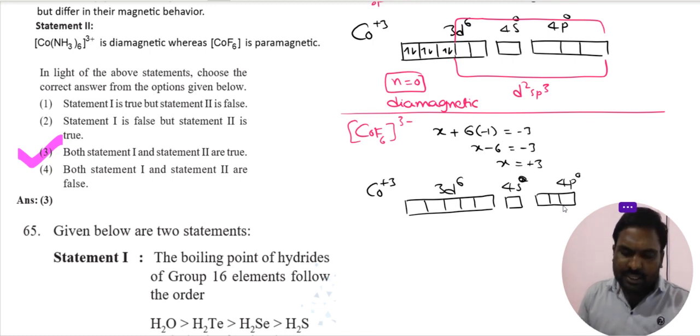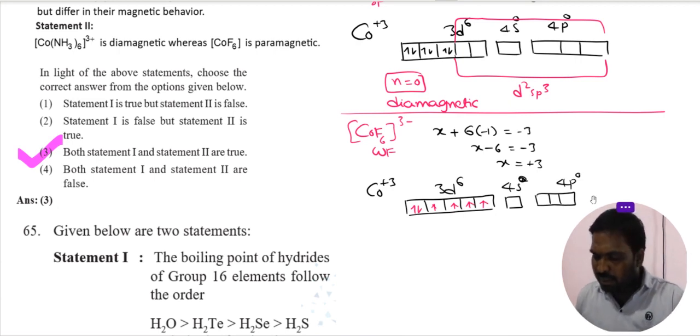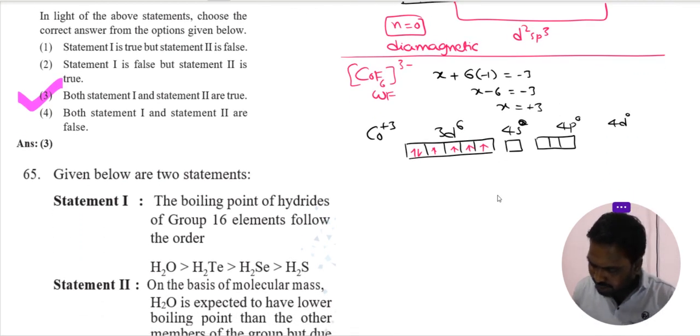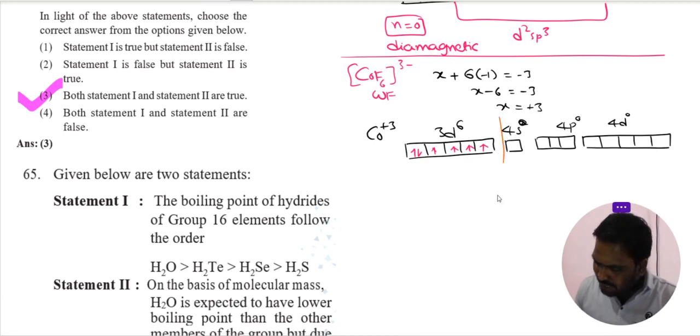Now it is a weak field ligand. Electrons will not be paired, 1, 2, 3, 4, 5, 6. Then outer orbitals participate, 4s, 4p, and 4d also. Inner orbitals are not vacant. That's why it undergoes sp3d2 hybridization, an outer orbital complex.